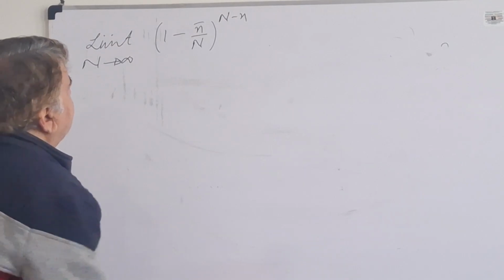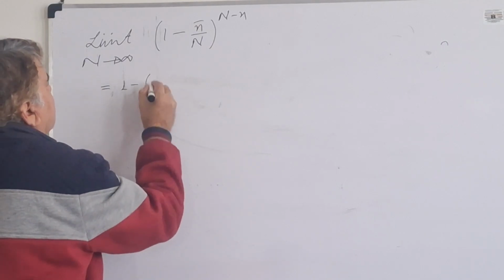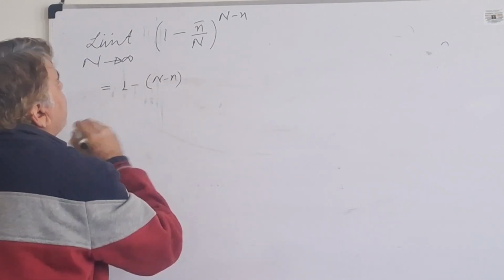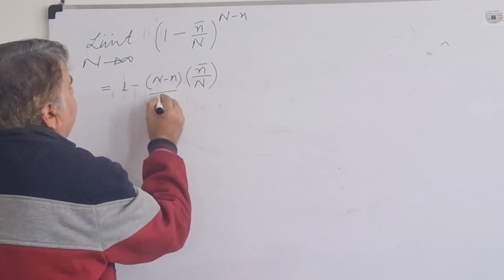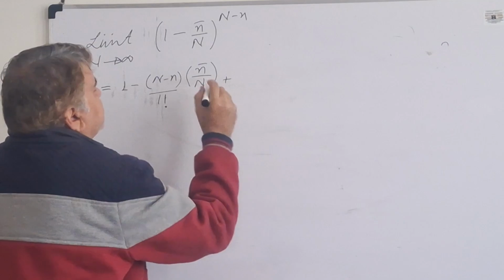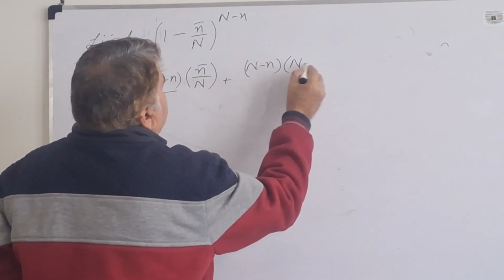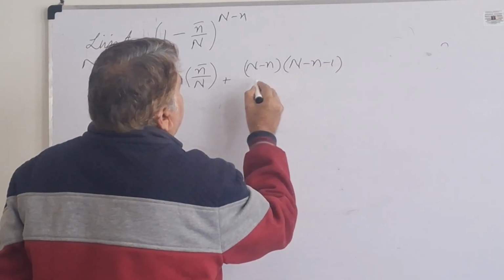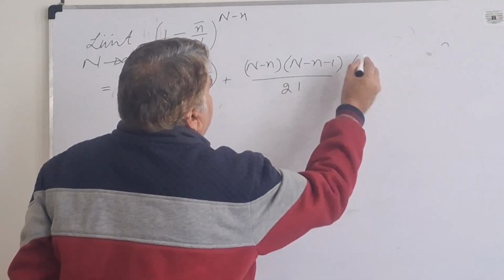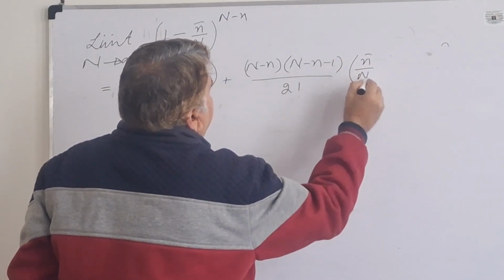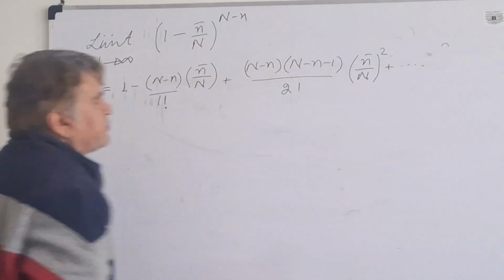And according to the binomial theorem, this thing equals 1 minus (N minus n) n divided by capital N into 1 factorial, plus (N minus n) into (N minus n minus 1) divided by 2 factorial into n squared divided by capital N squared, and so on.